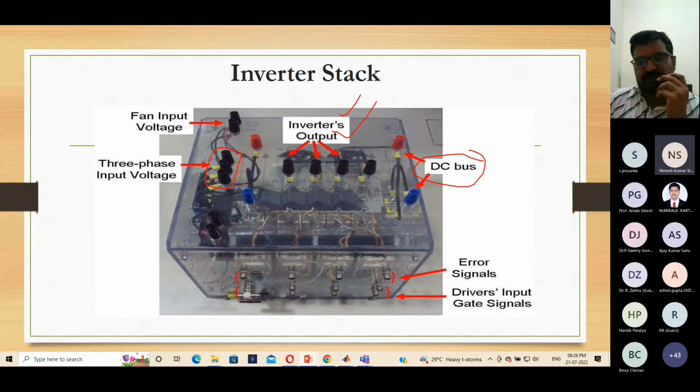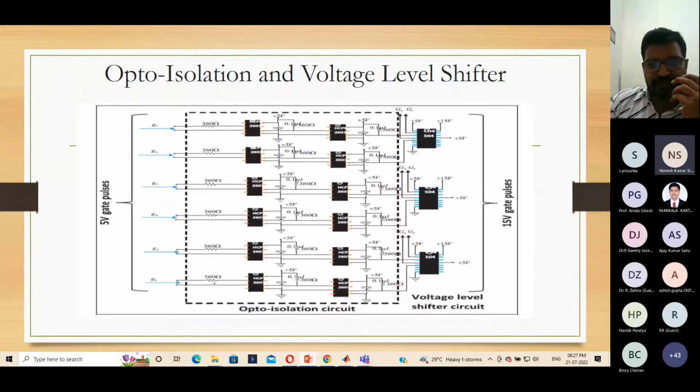required inverter output. Here there will be a gate driver circuit, which means you have to supply the gate signals to this and this and this. Once you give the gate signals, the inverter will turn on and off. Before the Semikron inverter, one auxiliary circuit is required, which we have given here.